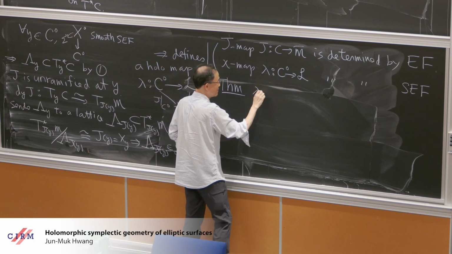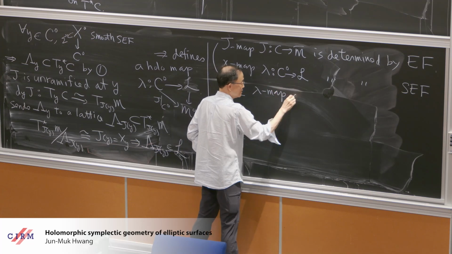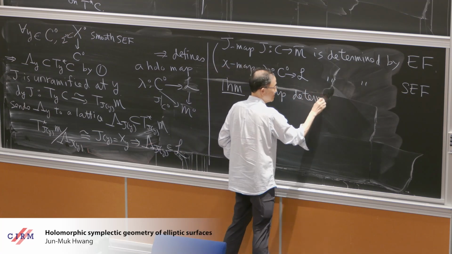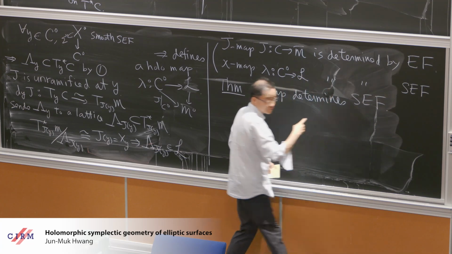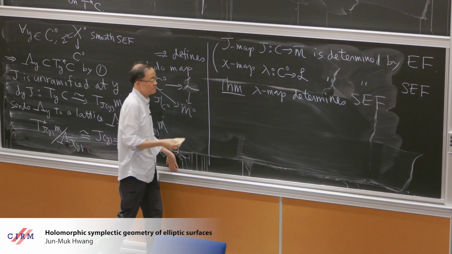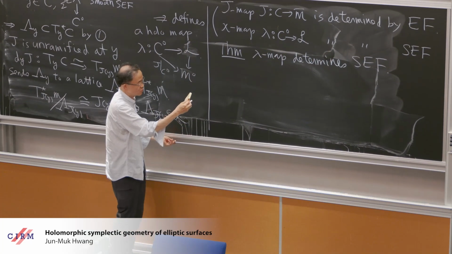So the lambda map determines the symplectic elliptic fibration. In other words, the following is true.